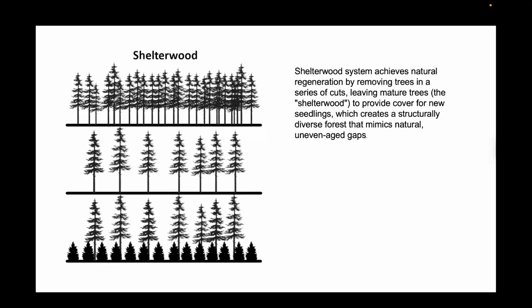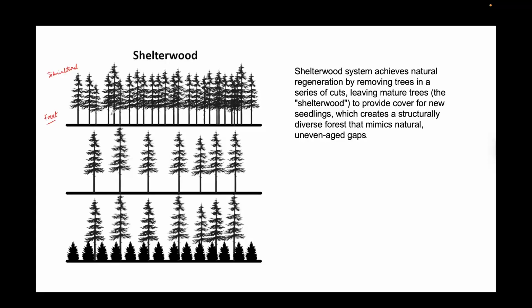So we are saying that this is our forest. Then we apply the silvicultural system, which is the shelterwood system. Now, what do we mean by shelterwood? In the shelterwood system, we selectively remove trees with a series of cutting phases, leaving mature trees, which are the shelterwood.